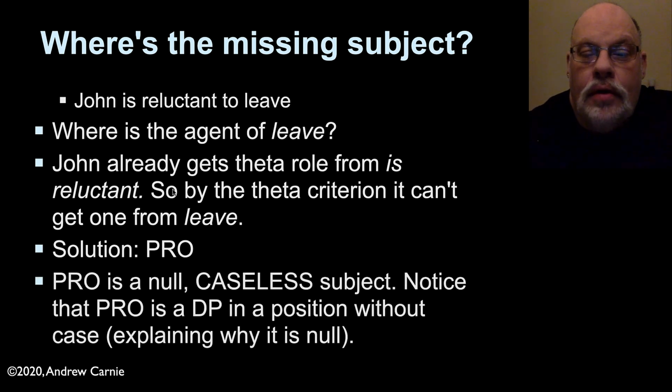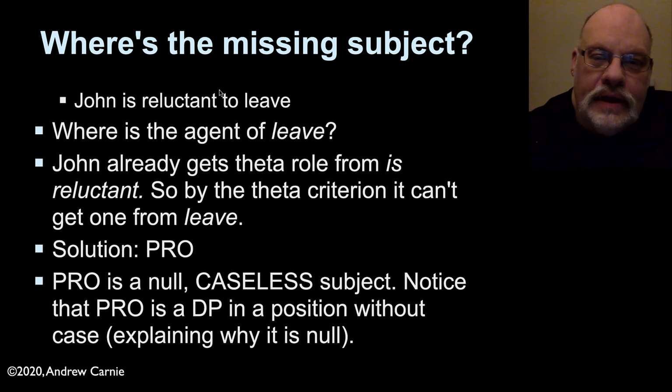Now, PRO is going to function like a pronoun. So it's going to be able to be co-indexed with John to get the meaning where John is both leaving and John is reluctant. So the reason it's PRO is for pronoun, because it's connected. Now, PRO is null. Obviously, you never hear it. The second thing you'll notice about it is it's caseless.